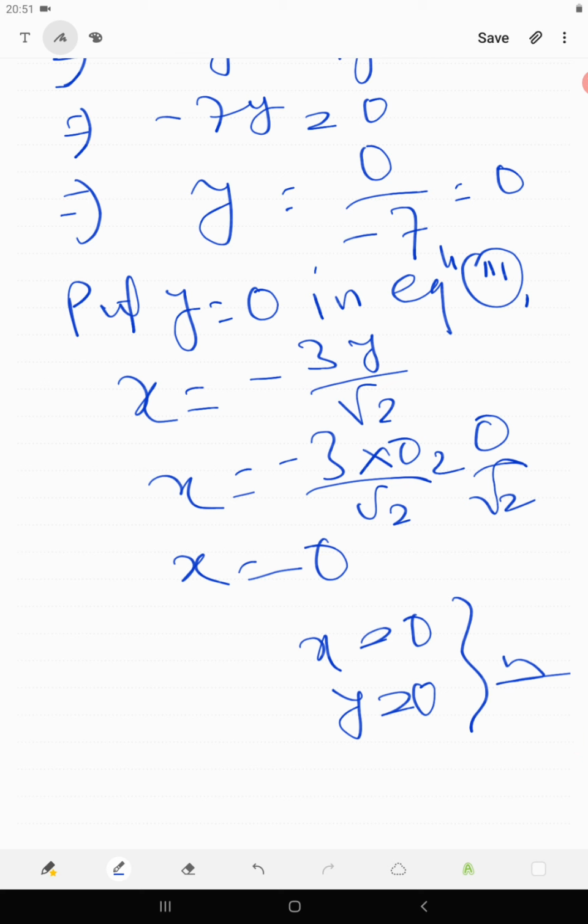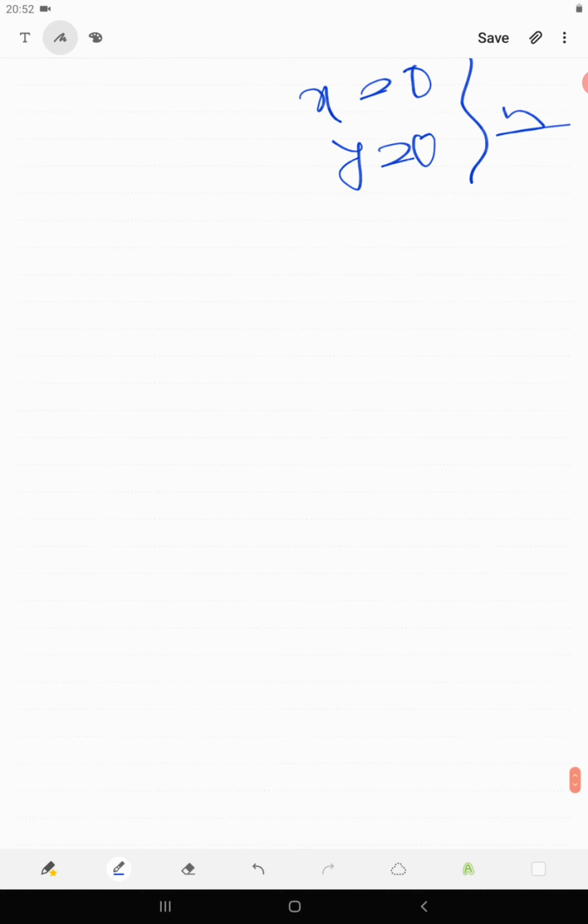Okay, now let's move on and do the next problem. So what is the next problem? This is the last problem, the sixth one, question 1, sixth problem. Equation 1 is 3x by 2 minus 5y by 3 equals minus 2.